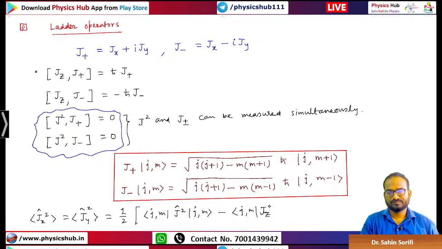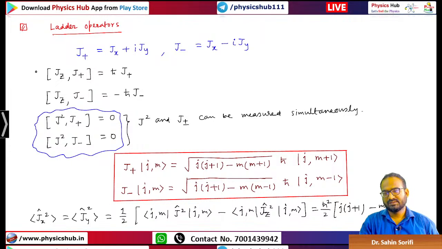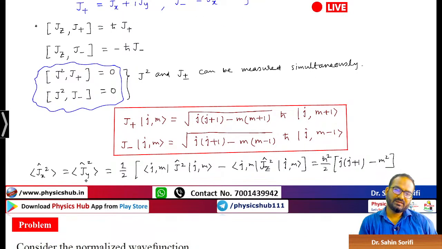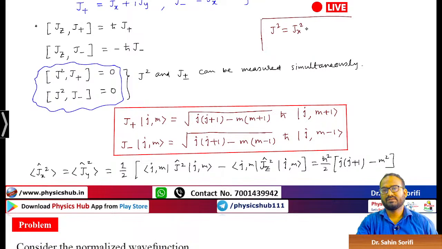⟨j m| Jz square |j m⟩. So this is nothing but ħ square by 2 times j into j plus 1 minus m square. This one we can write because J square is nothing but Jx square plus Jy square plus Jz square, we know this.